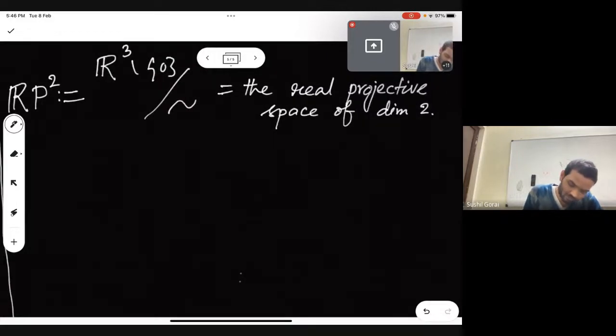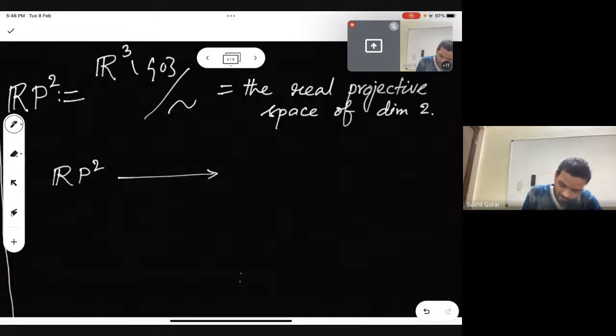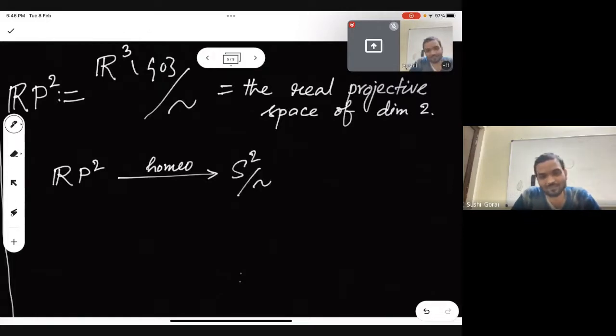Why am I doing this? Because this RP2 is also homeomorphic to another space, S2 quotiented by something.